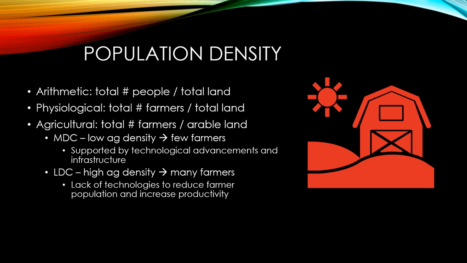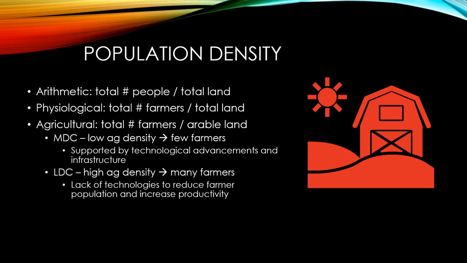So in a country like the United States, which has fewer farmers per capita than many LDCs, you're going to see a lower number here for physiological. The density is going to be less. Agricultural changes it a little bit because now instead of total land, we're considering arable land. How many farmers are there for how much arable land there is?